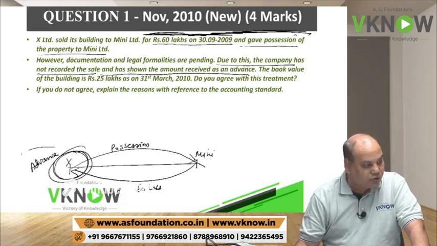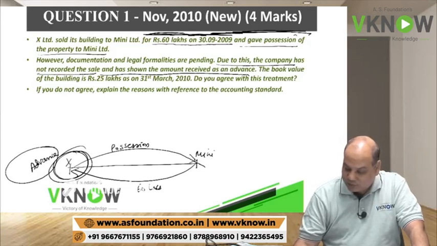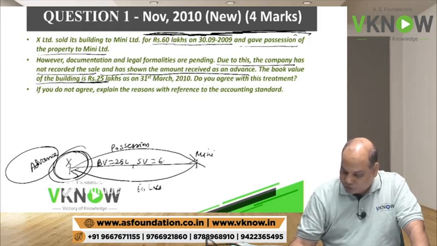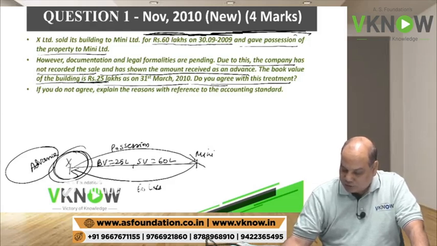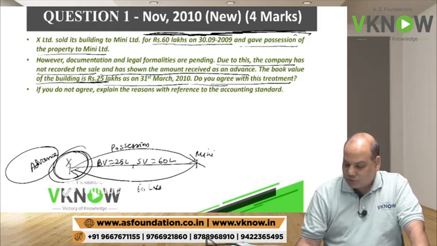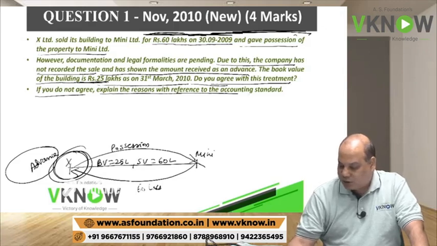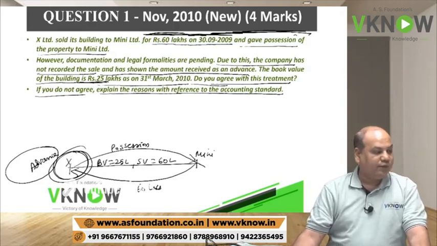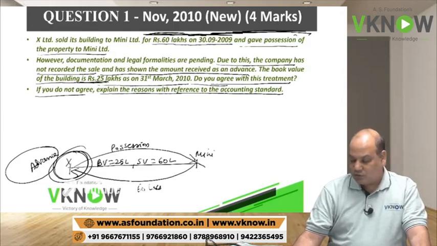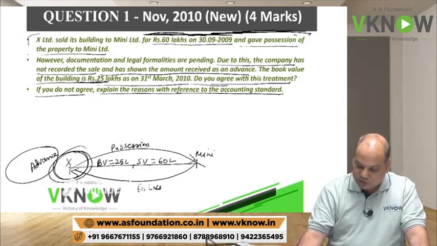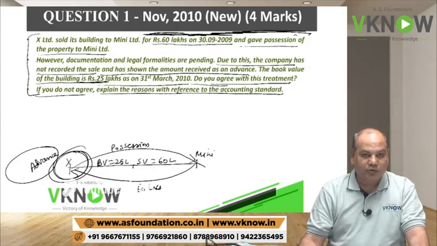X Limited wants to record it as advance. The book value of the building is 25 lakh. Book value 25 lakh, sale value 60 lakh. Do you agree with this treatment? If you do not agree, explain the reasons with reference to the accounting standard. As I said, such questions are asked in the exam for 4 marks. You have the evidence in front of you.